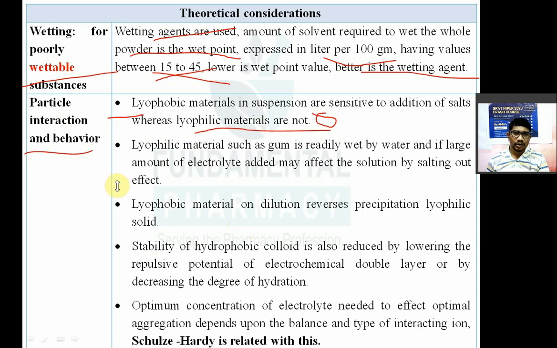Lyophilic material such as gum is readily wetted by water, and if a large amount of electrolyte is added, it may affect the solution by salting out. A question comes on this: a suspension stabilized by gum acacia, addition of salt will result in the salting out effect, the precipitation will happen.